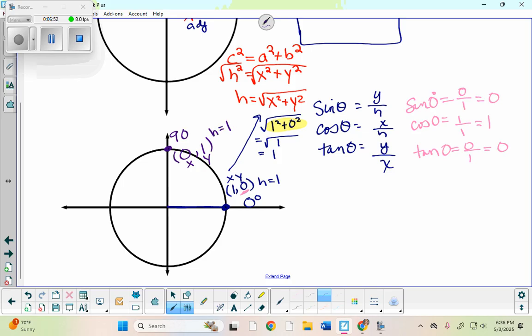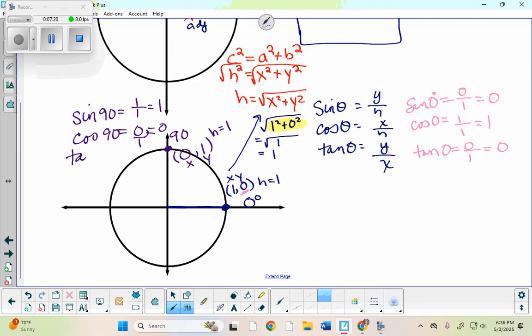So if we were doing the trig functions, the sine of 90 equals opposite, or your y, which is 1, over your hypotenuse, which is 1. The sine of 90 is 1. The cosine of 90 is the adjacent, or the x, which is 0 over 1, which is 0.